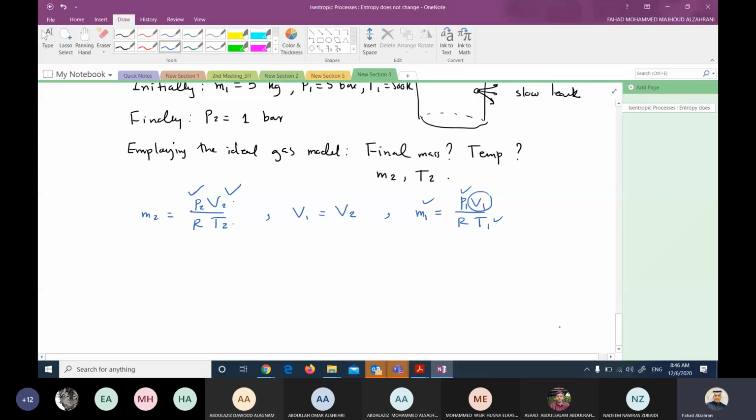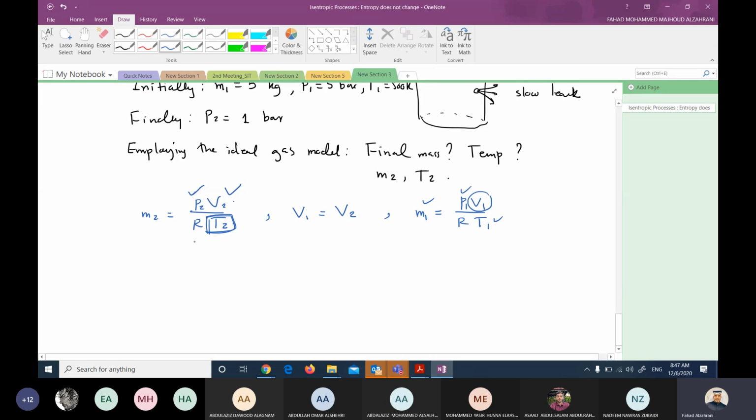Now the question is, how can I find T2? This is what's left. Which equation? For constant K? I did not mention anything about this.